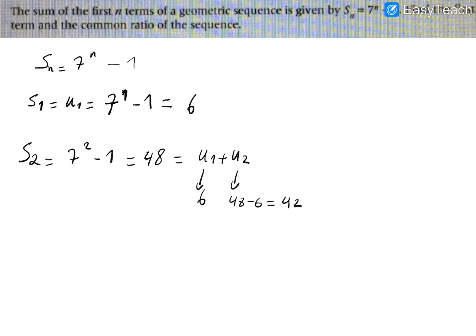Okay, I get this. So if I know the first two terms, I can get the common ratio. Why? Because u1 is given as 6, u2 was 42, as we learned in our previous slides, then r is u2 over u1, which is 42 over 6, 7.